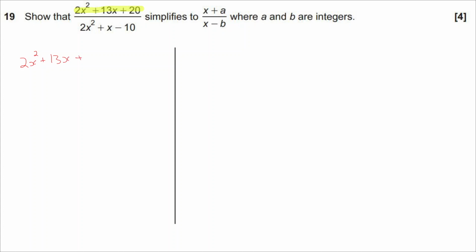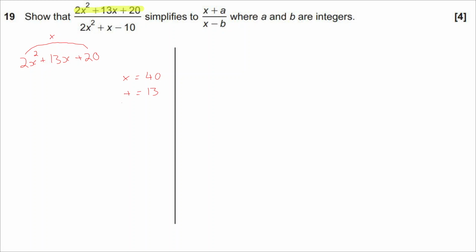Now, depending on how you factorize the quadratics, your method might change, but this is how I would go through it. The bulletproof way is the AC method, because you've got a coefficient bigger than 1. So you want numbers that multiply to give you 40 and add to give you 13, the middle number.